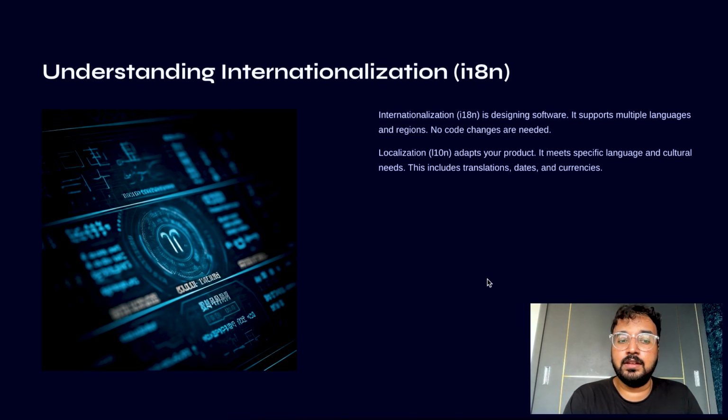But in other regions of Europe, particularly Spain, the currencies use a dot instead of a comma for thousands. So these are very intricate things that we notice in different regions, and that's what makes them unique. And if we want to enter a market or a region and support them, then this is how we'll do it.